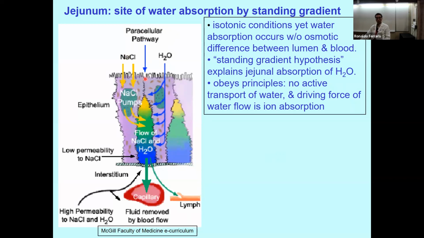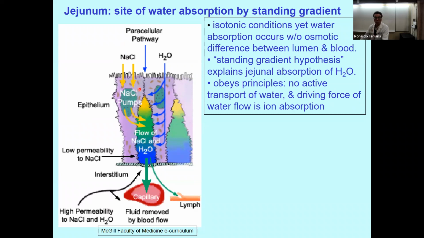So this is now in the jejunum, relatively highly resistant to water flow and ion flow. So you have your sodium-hydrogen exchanger and your chloride-bicarbonate exchanger, bringing sodium chloride from the food side into the cytosol.